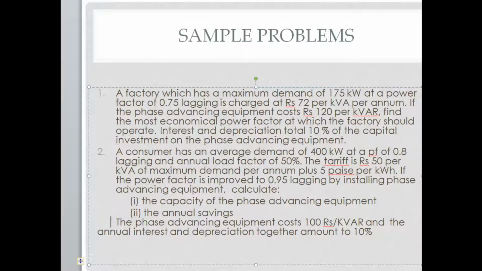Why am I saying that? Because what is given as the power, which is 400 kilowatts, is the average demand. However, I know that you know the formula already for the load factor being the ratio of the average load to your maximum demand.